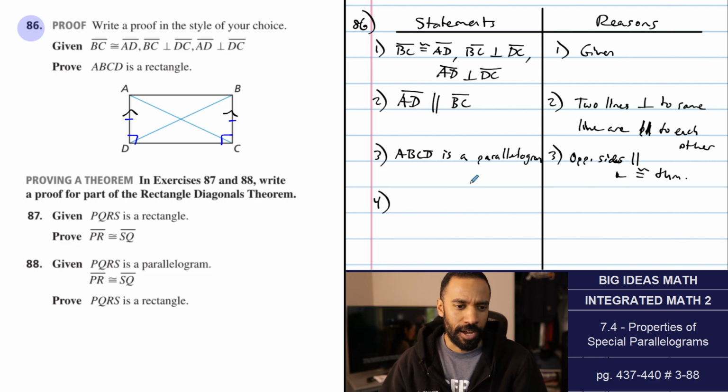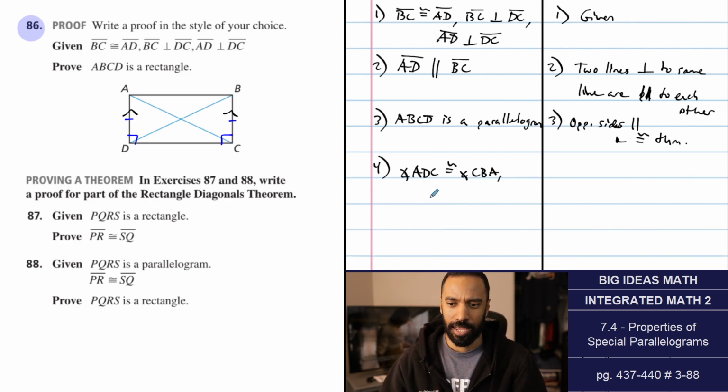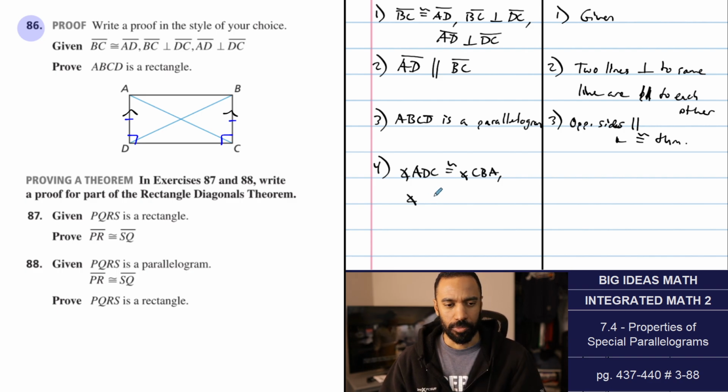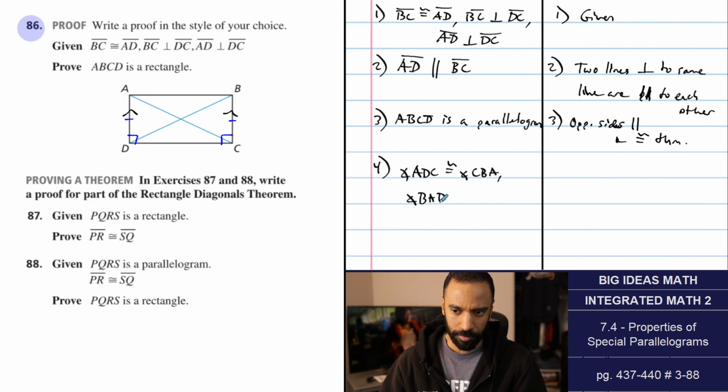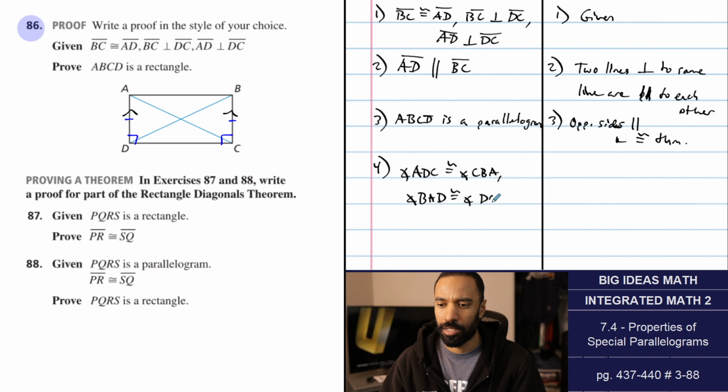We'll go off of angle ADC is congruent to angle CBA, and angle BAD is congruent to angle DCB. Parallelogram opposite angles theorem.